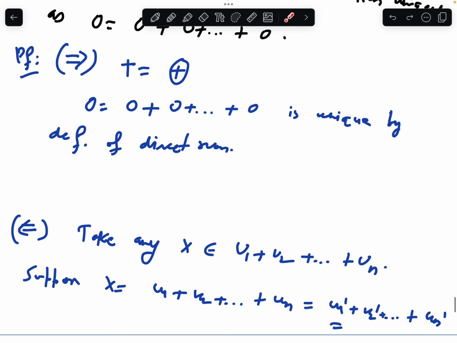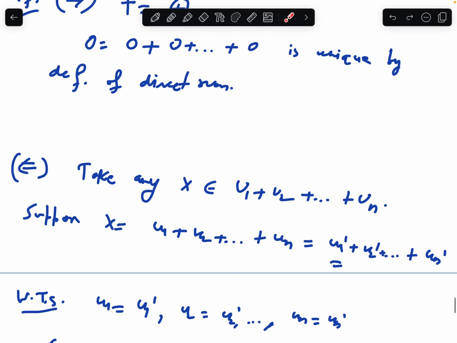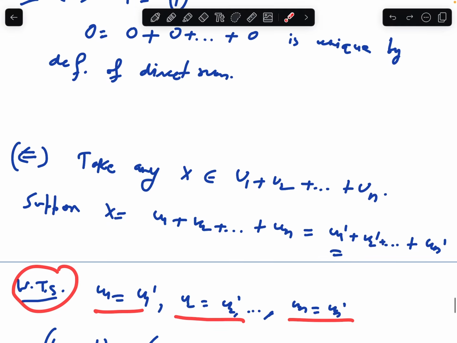So suppose that there are two different representations. One representation is this, another representation is this. Now, if I show that u1 is equal to u1 prime, u2 equals u2 prime, un equals un prime, then I'm done. Then I'll have shown that this representation is unique. So we want to show that u1 equals u1 prime, u2 equals u2 prime, un equals un prime.